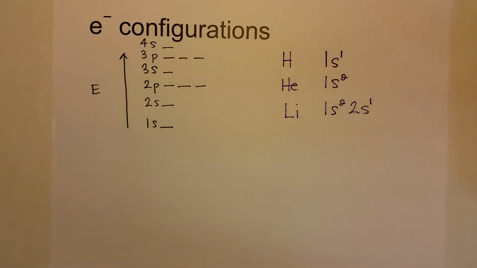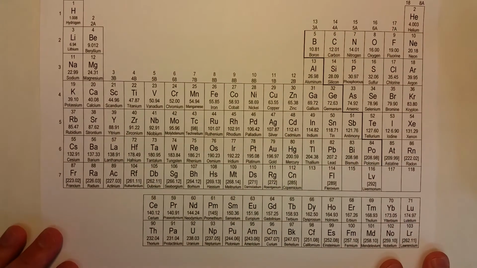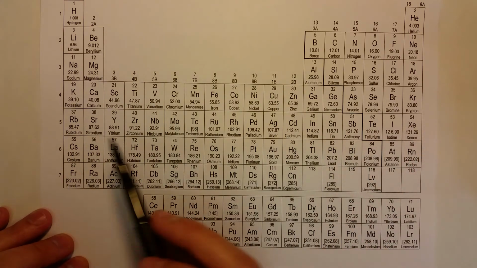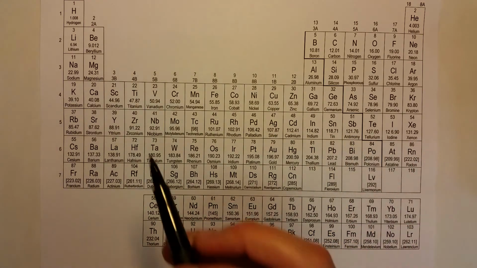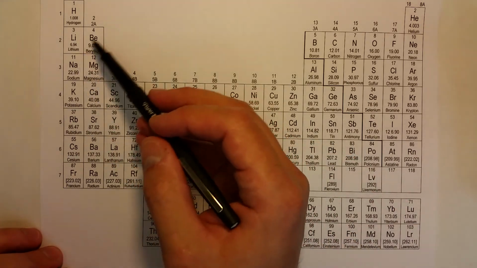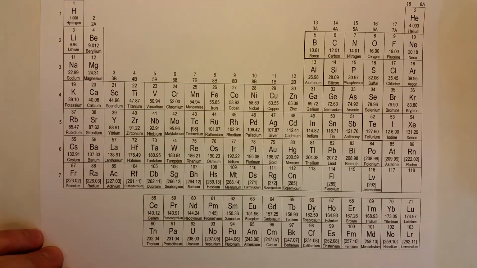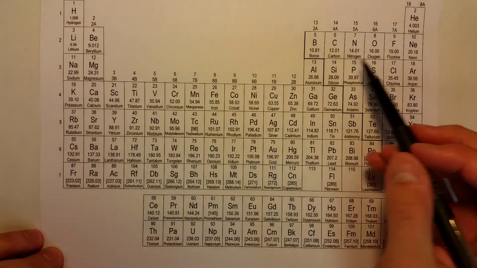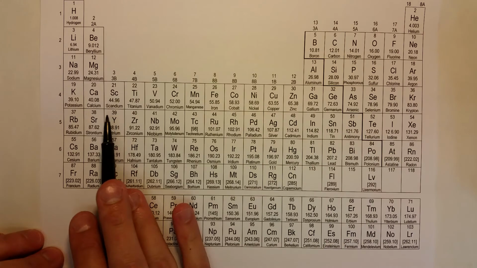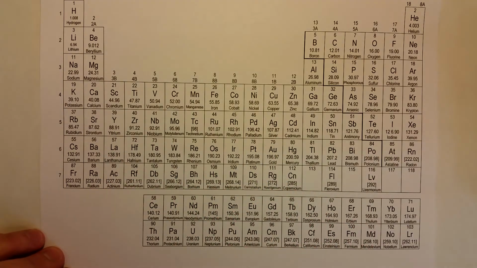One thing that can help us write electron configurations is to look at the periodic table. It has some very specific regions that sort of pop out at you. If you notice over here, there are these 2 columns that pop out, and then over here the rest of the main group elements have 6 columns that sort of raise above, and there are 10 groups in the middle between those 2 areas.